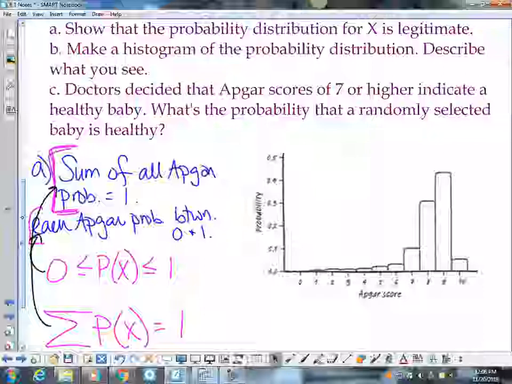Everybody okay? Everybody can do a histogram. And you'll practice some in your homework. And it says, describe what you see. Skewed left. Everybody agree with that? Absolutely skewed left.